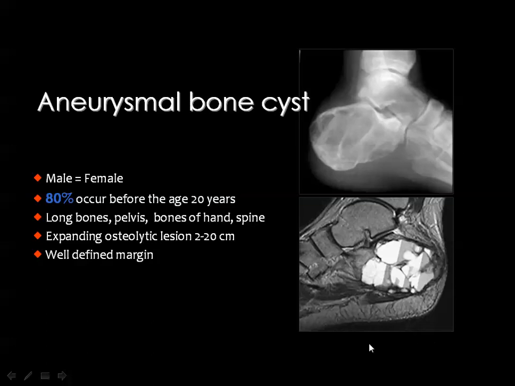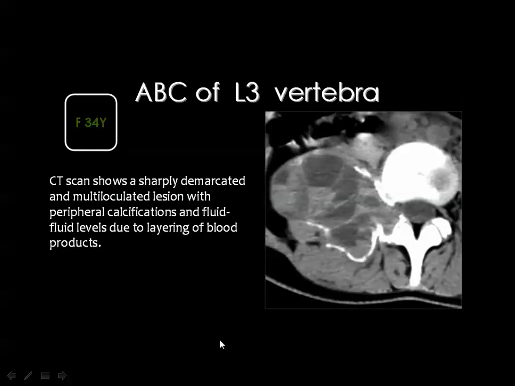In the books you will see that fluid levels may occur in many lesions, but in aneurysmal bone cyst, fluid levels are very characteristic for the diagnosis. Take an aneurysmal bone cyst of the calcaneus, for example. This is an expanding multilocular lesion with internal septations, and the fluid levels can be seen by CT but are very well appreciated on MRI, depending on the different contents of the cystic components of the lesion.